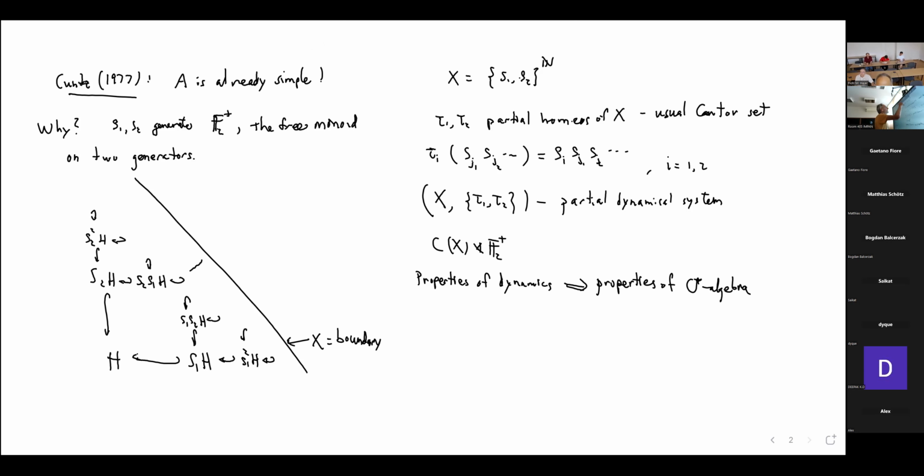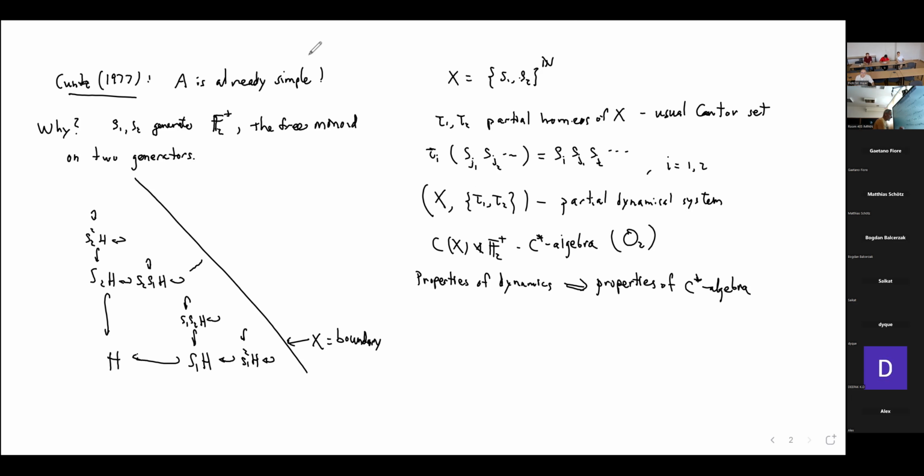All right, this is our C-star algebra. In fact, it's of course an instance of O2.